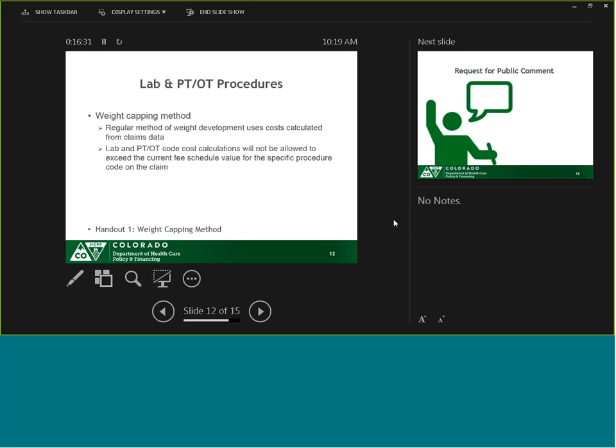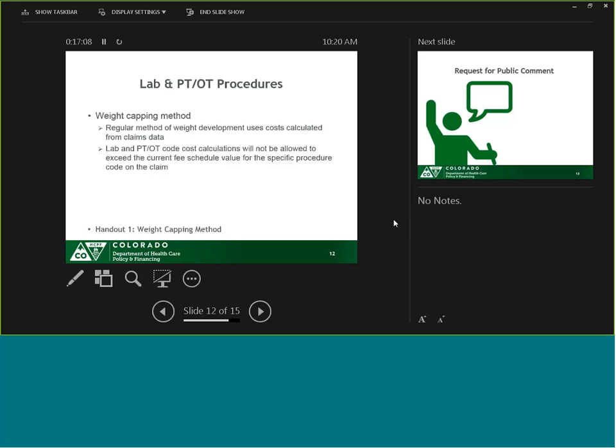Now, going back to the previous meeting when I talked about the weight setting process, one of the first steps that we do is we take all the claims data for 3 years worth of claims. We aggregate all those charges by procedure code and then by EAPG, but first by procedure code, and we find the average cost based off of cost-to-charge ratios. We convert those charges to cost, come up with an average cost per procedure code, and then that average cost goes into the weight development process and is used to determine the intensity of that particular procedure code.